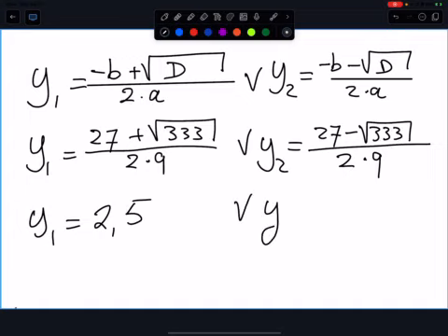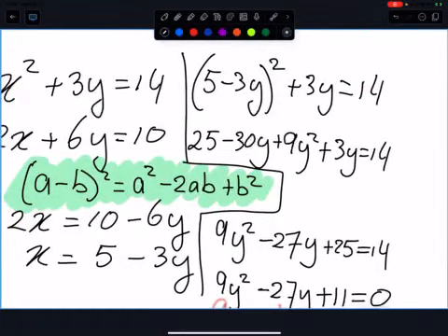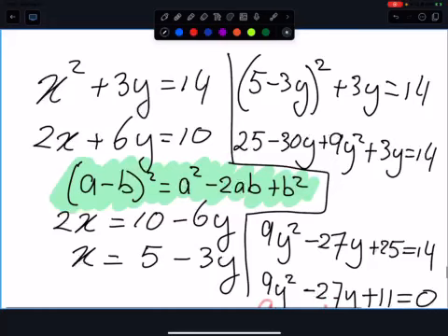Or 0.5. Wow. So we are now half done. I only know y. I still need to know x.